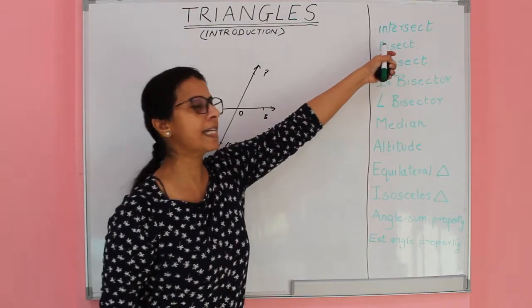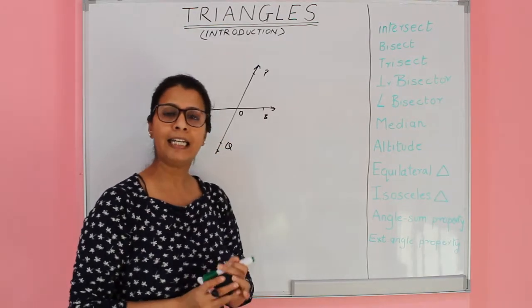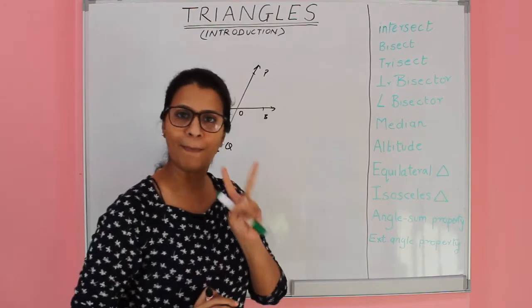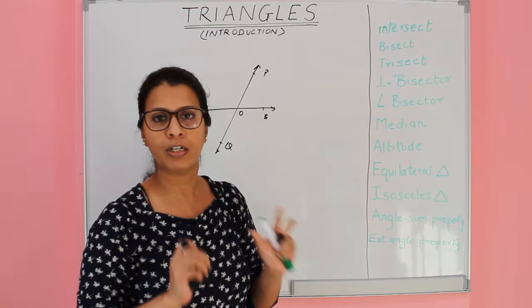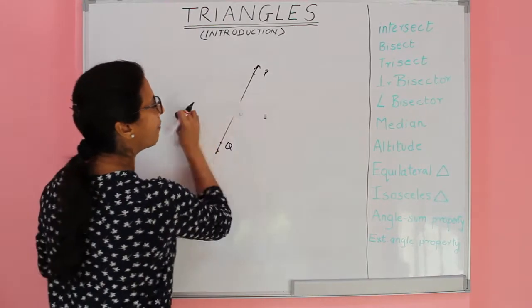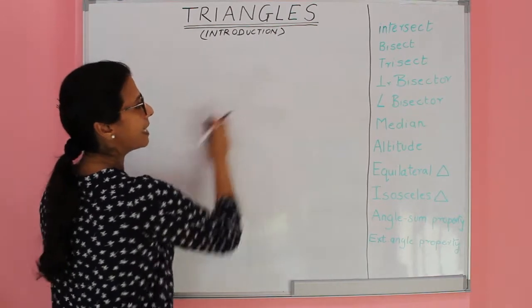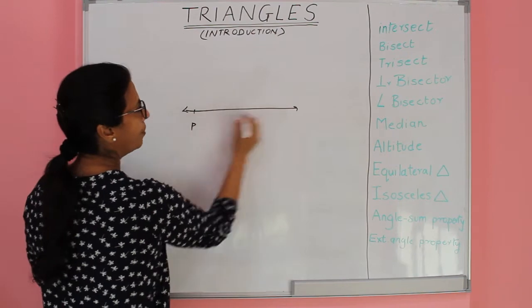Now what does bisect mean? Bisect has a particular meaning. When we say bisect, it means it is cutting a particular thing but in two equal parts. Bi means two, so two equal parts. So the same thing if I say a line AB bisects line PQ. This is my line PQ.